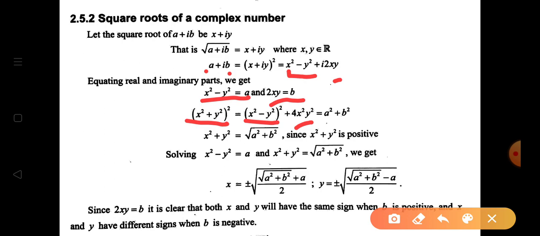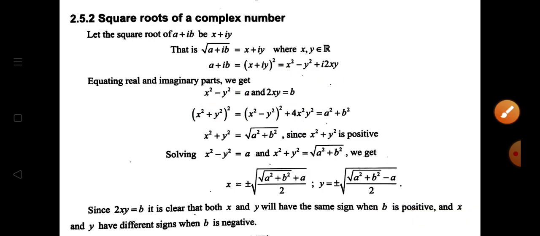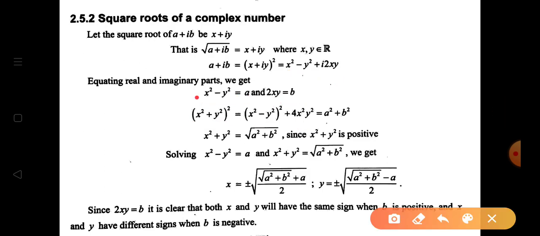Now we substitute x square minus y square equal to a, so we get a square, and 4x square y square, (2xy) whole square, that is b square.